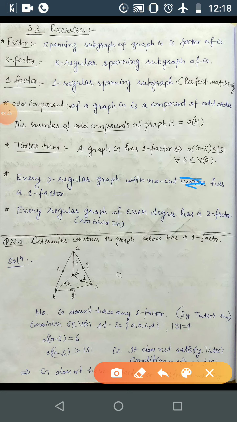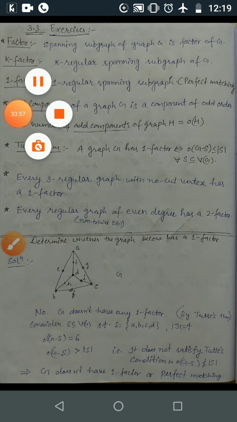I have just miswritten here. That will be no bridge, okay? Just now I discussed. Has one factor, and every regular graph of even degree has two factor, okay? And this would be non-trivial edges, okay?